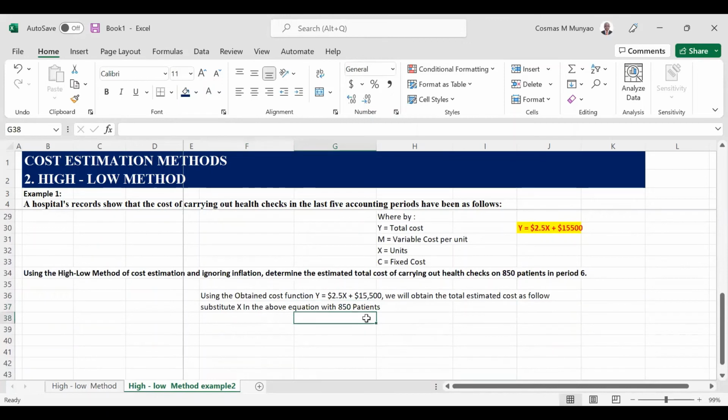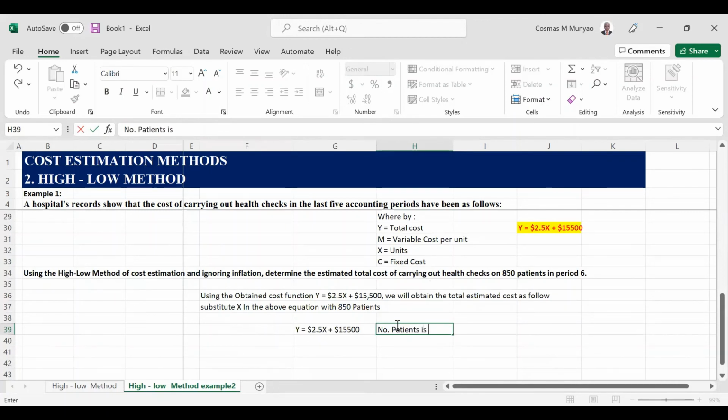So it equals this, right? The number of patients is 850 as variable units.